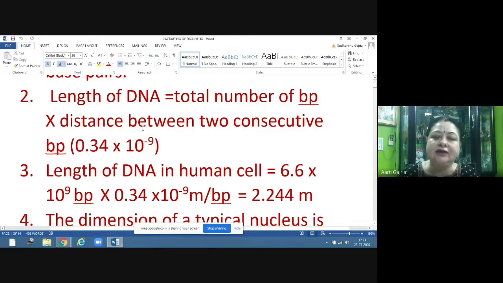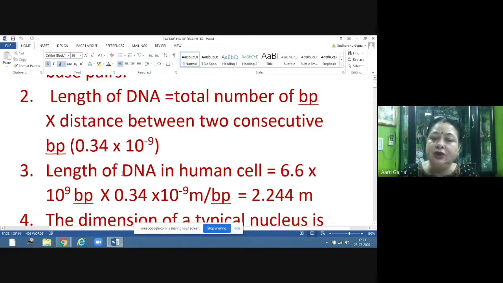This we did in our last class when we discussed the salient features of DNA. Now the pitch, which has 10 base pairs, has a length of 3.4 nanometers.